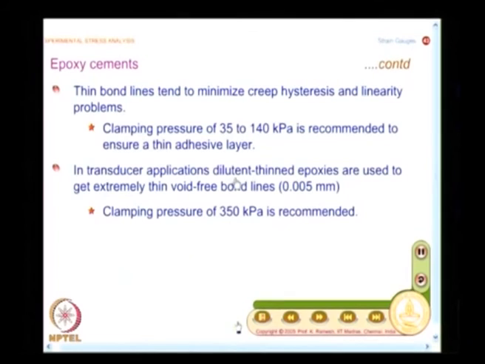A pressure of the order of 350 kPa is recommended, and by doing this you get extremely thin void free bond lines of the order of 0.005 millimeter. See, I have been saying that strain gauge technology is so well developed that you can measure 0.5 micro strain reliably now. So, when I want to do that, I need to follow all these procedures.